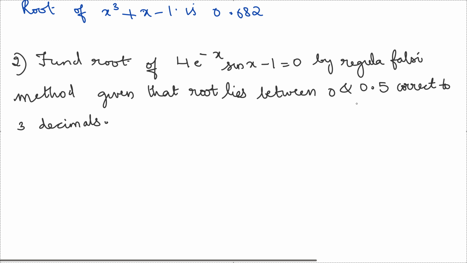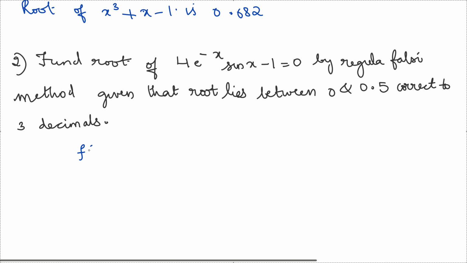So here they have only given the interval, they only gave the values of a and b. So I don't think we have much more to do to find what is the value of a and what is the value of b, because they have already given them.